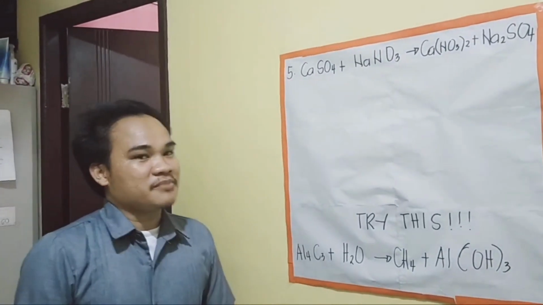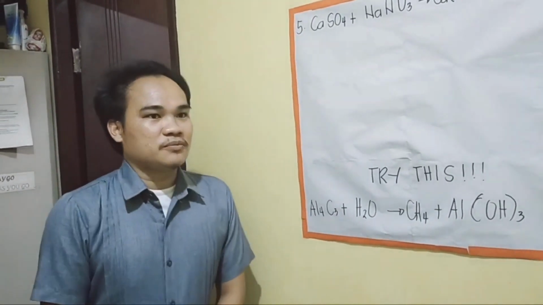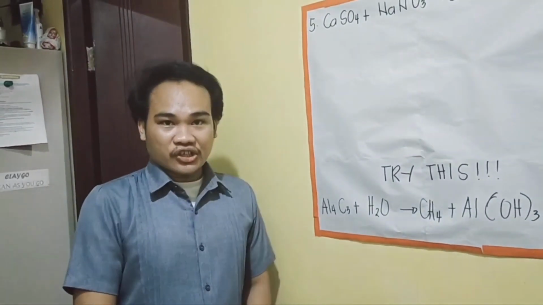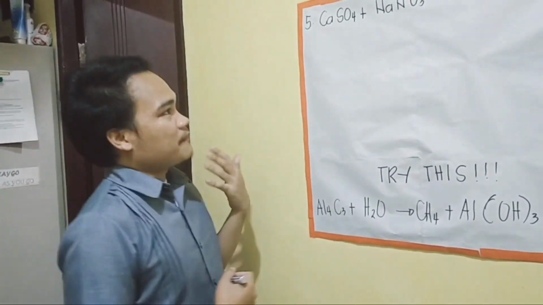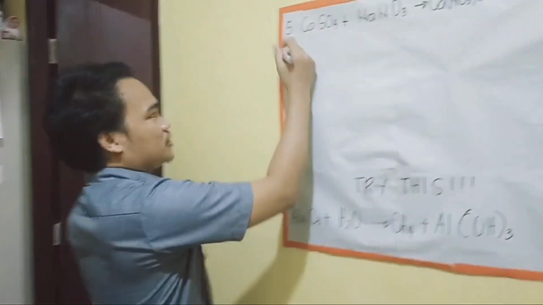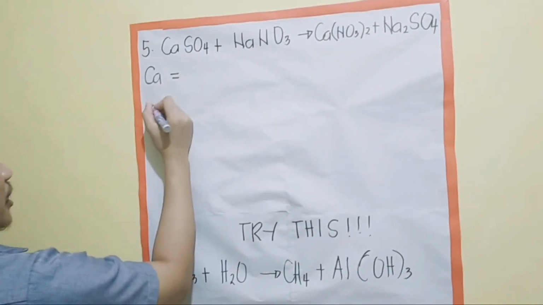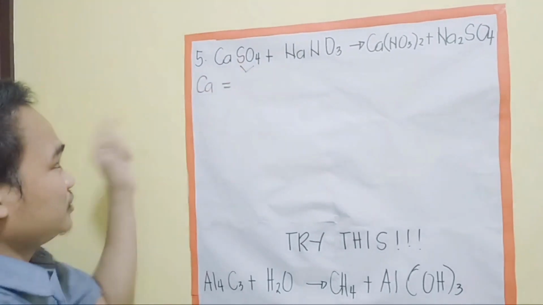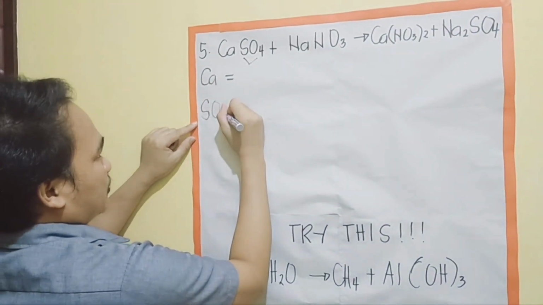Okay, number 5. Always remember step 3, dealing with polyatomic ions. It means you have to count the polyatomic ions as one item. So, let's balance the chemical equation. We have calcium, and then this one, a polyatomic ion, sulfate.